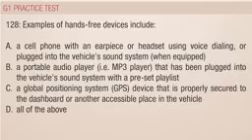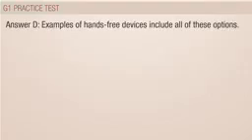C. A global positioning system GPS device that is properly secured to the dashboard or another accessible place in the vehicle. D. All of the above. Answer D. Examples of hands-free devices include all of these options.